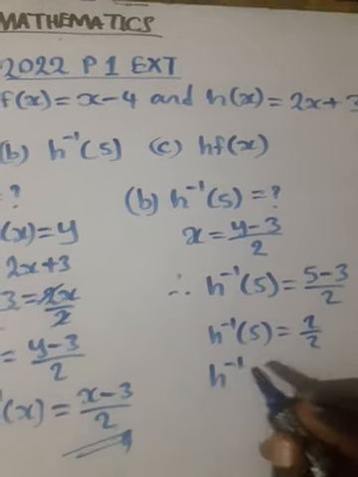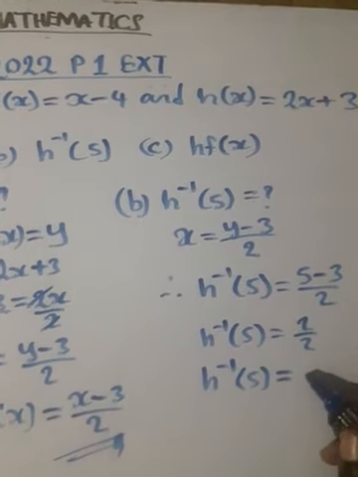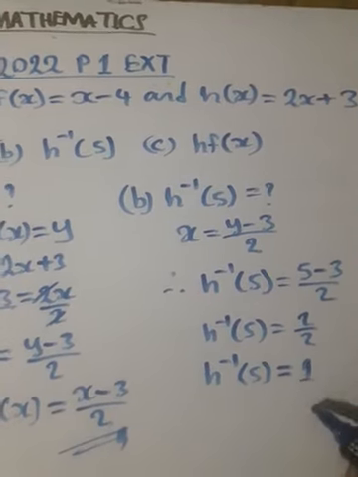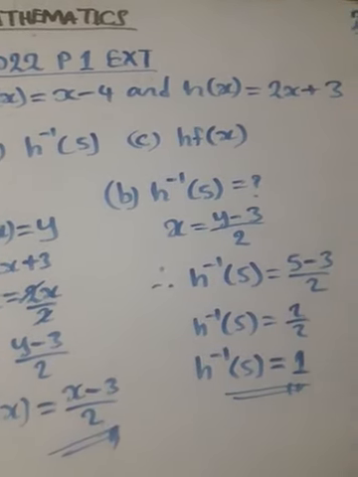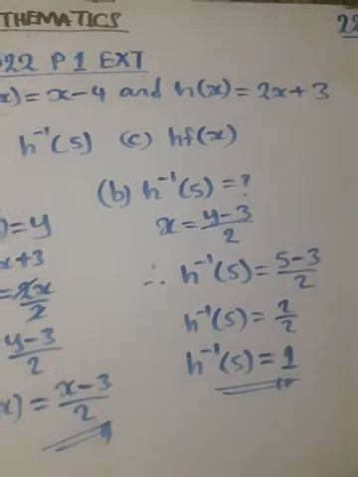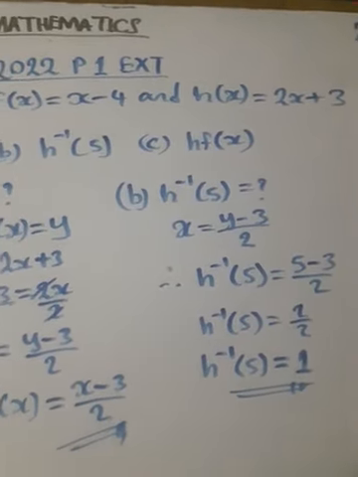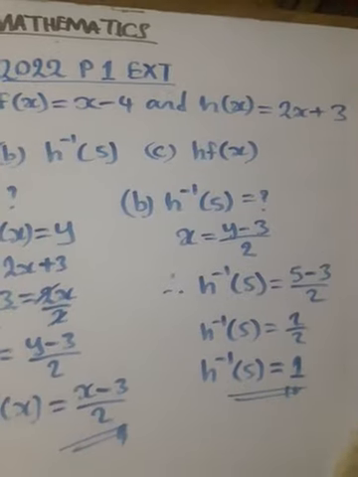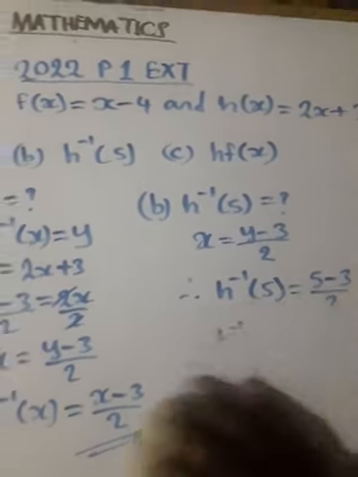So h inverse of 5 will be equal to 1. So this is how you should answer the two questions. We go to part C, the last one.